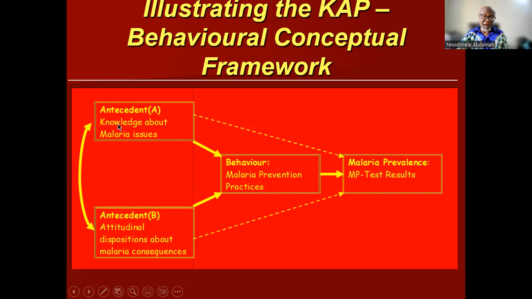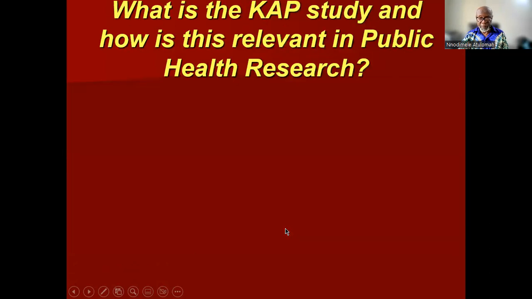The antecedents are knowledge about malaria, and another antecedent is attitudinal disposition about malaria consequences. These are the antecedents that trigger behavior or are associated with behavior.